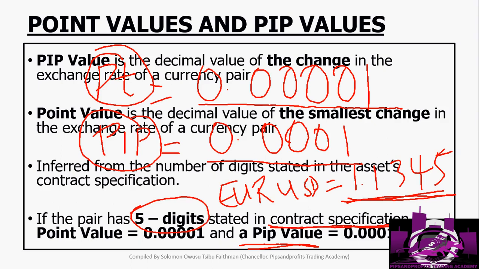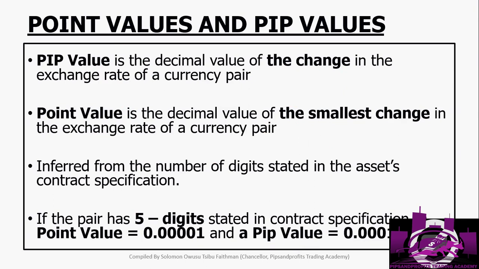It doesn't change. It follows the same pattern. Any asset we trade in the financial market follows the same pattern. So if you want to know the correct pip value and point value, you have to always refer to your contract specification. Thank you very much, Derek.